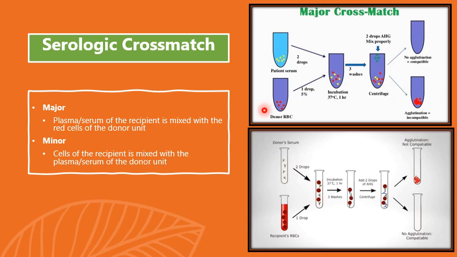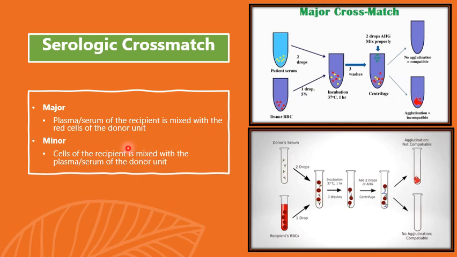The purpose of the major cross-matching is to prevent the transfusion reaction by detecting the antibodies in the recipient's serum or plasma, which reduce the survival of the donor red cells.